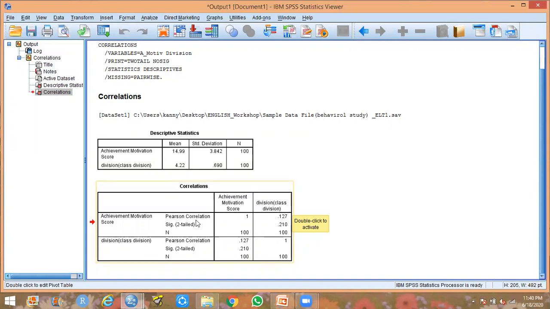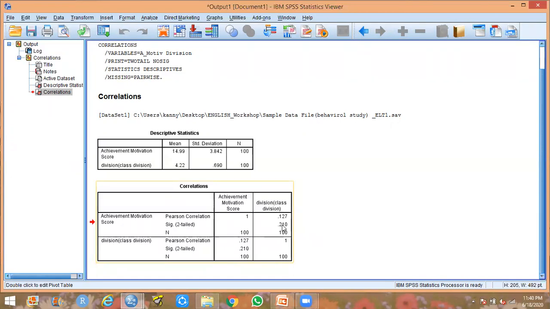You can see that significant value is 0.210. The significant value is nothing but a p-value. So p-value is nothing but a probability value. This probability value will give you an idea whether there is any relationship between these two variables, right? So basically we prefer the p-value to be less than 0.05.